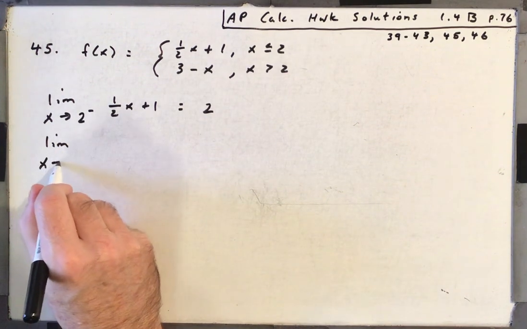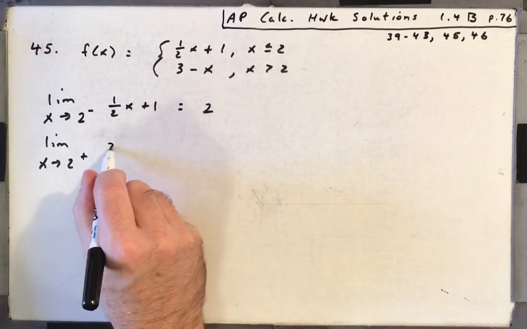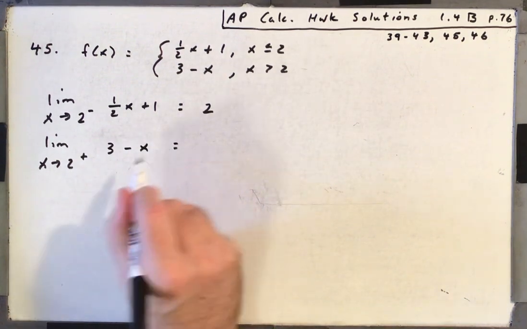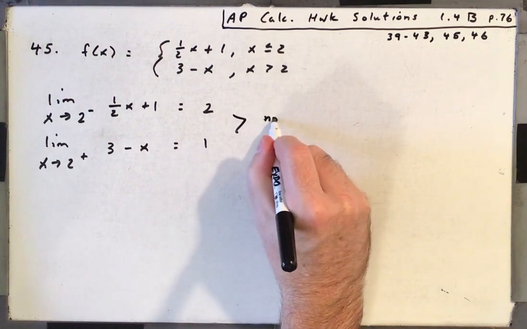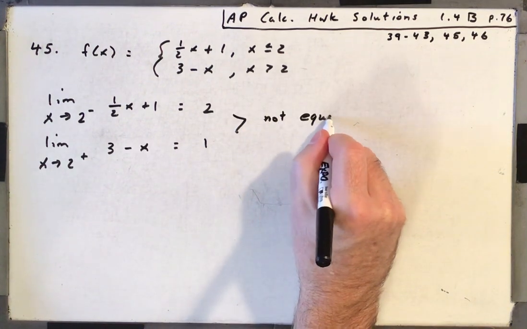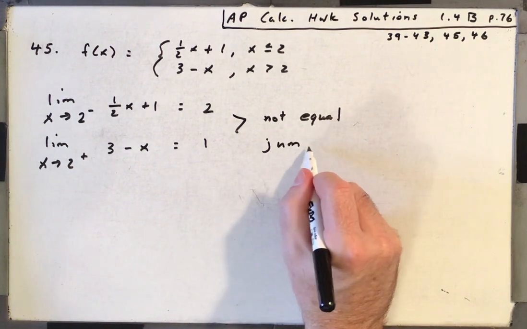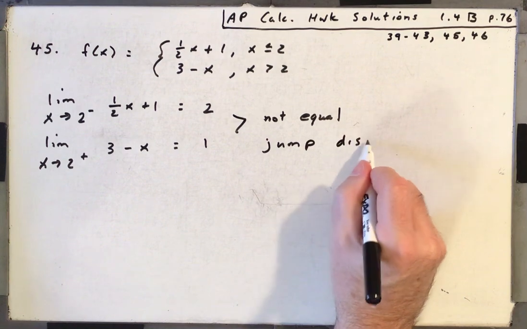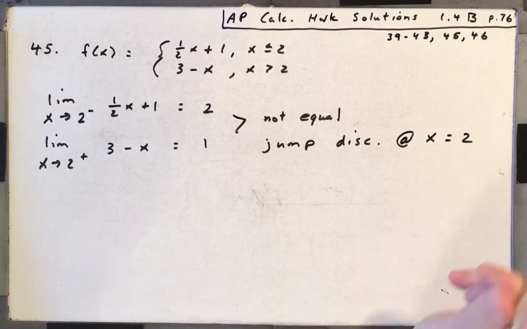Take the limit as x approaches 2 from the right. That's going to be the bottom equation, 3 minus x. 3 minus 2 is 1, not equal. That means this has a jump discontinuity at x equals 2.